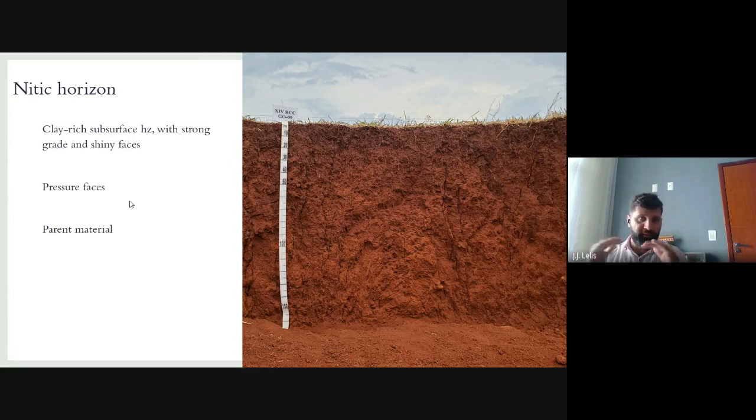And the nitic horizon does not present a high difference between its clay content and that of the horizons above. Okay?